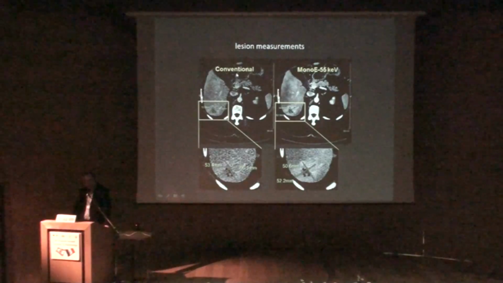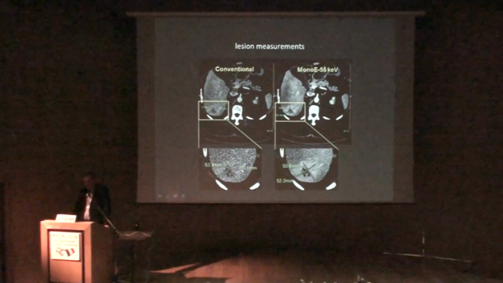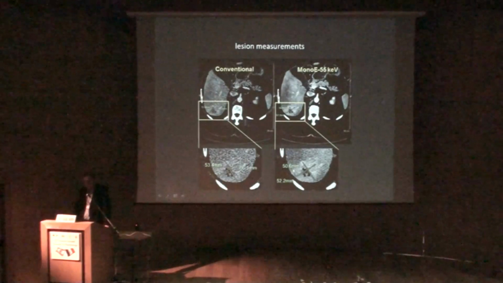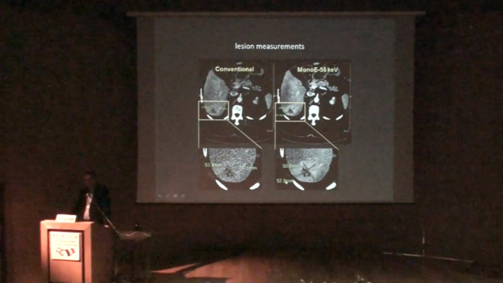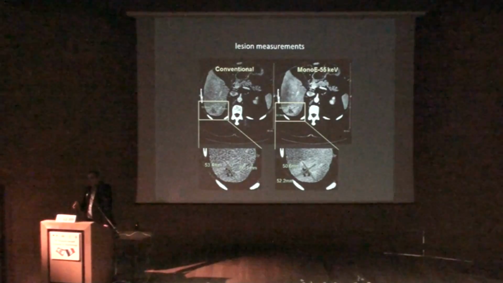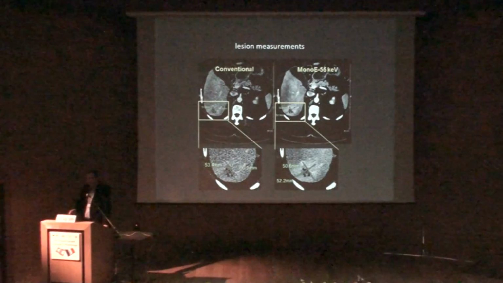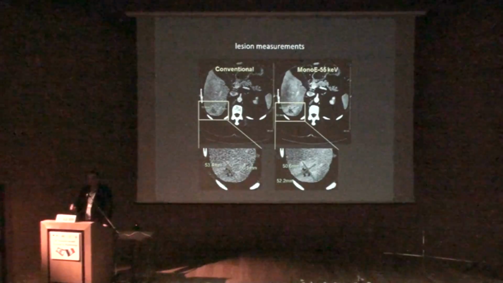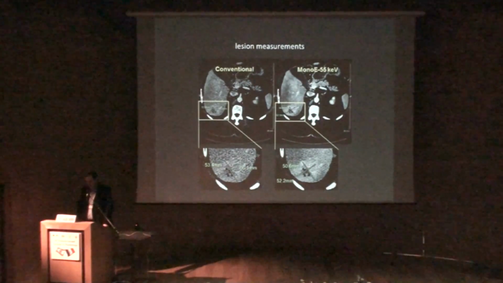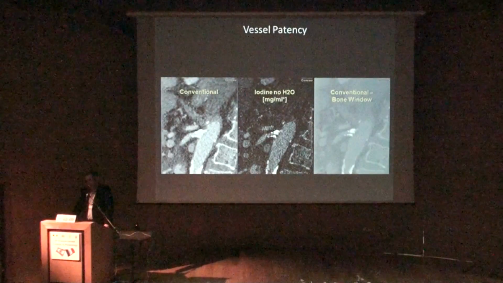If we measure this lesion, it's 53 by 56 millimeters. At the 55 keV, it's 51 by almost 52. So there are differences. So we need to be precise and state at what keV, at what phase we measured the lesions, because some changes may be only technical and not real when we scan those patients.